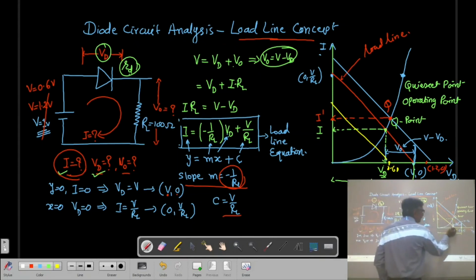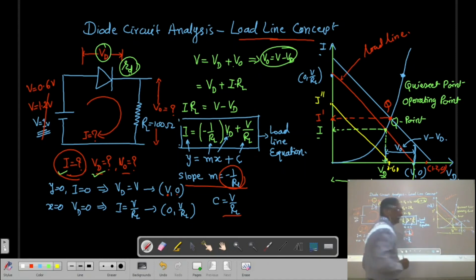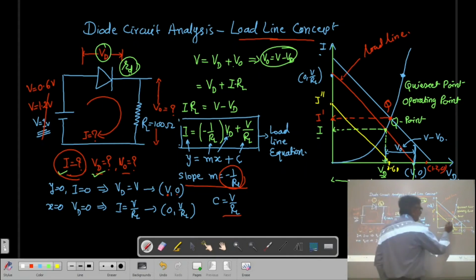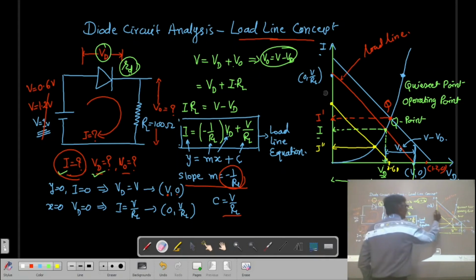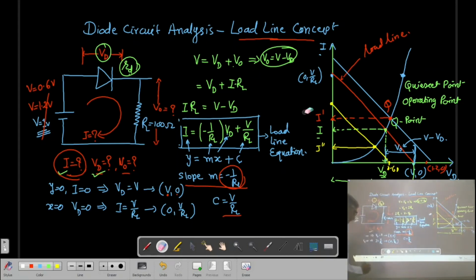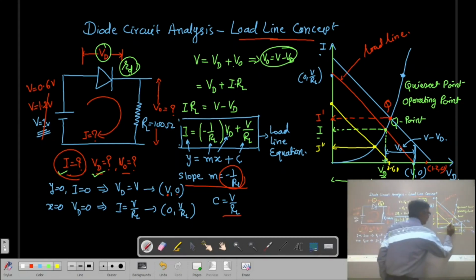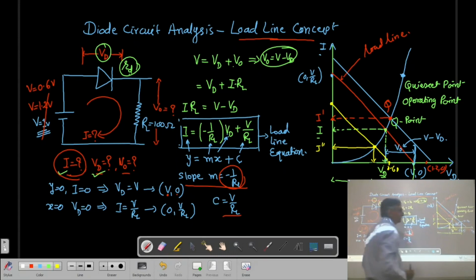So this is my new line. Here the flow of current has reduced, that you can see, and the position of the new Q point gives the I double dash. And the voltage across the diode is also decreased because my input voltage has decreased.